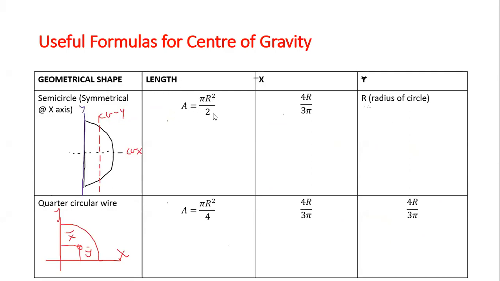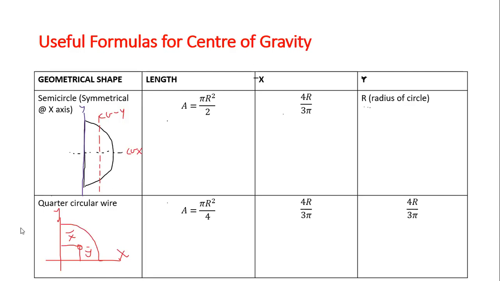Area equals pi r square by 2 and x bar equals 4r by 3 pi because it is symmetrical about x axis. As we have discussed, if your geometry is symmetrical about x axis, you need to calculate center of gravity on the x axis. Y will be either radius or 0. Is it clear or not? Please confirm.